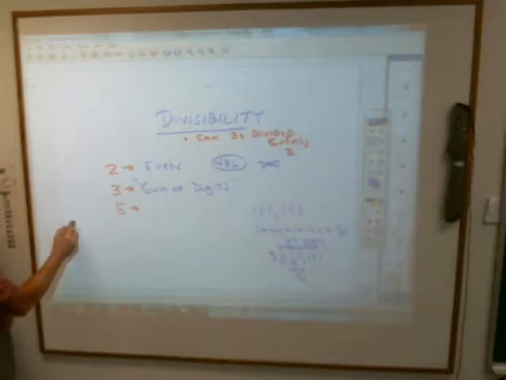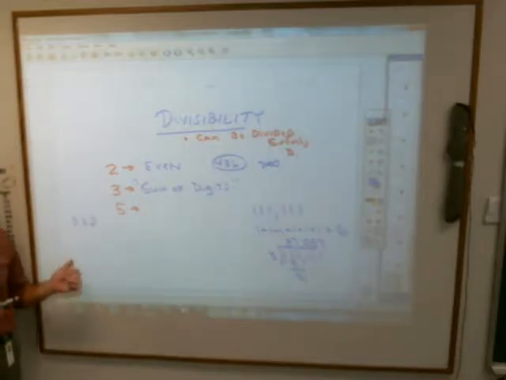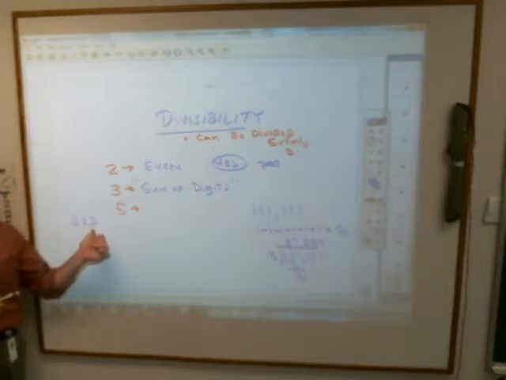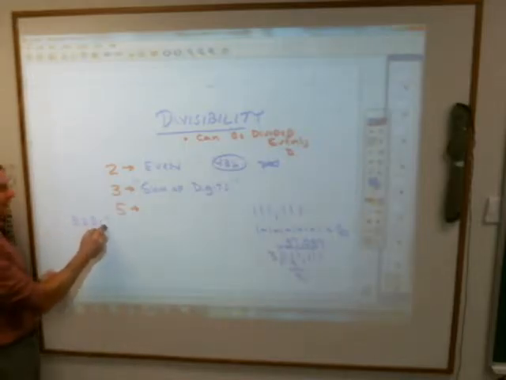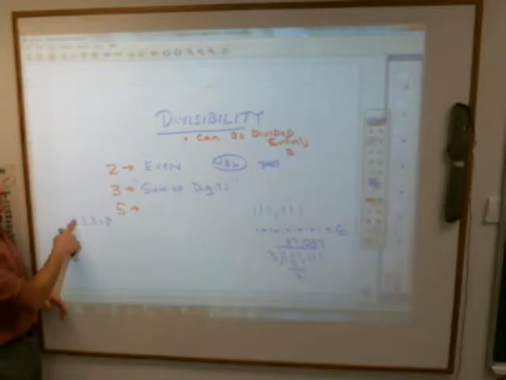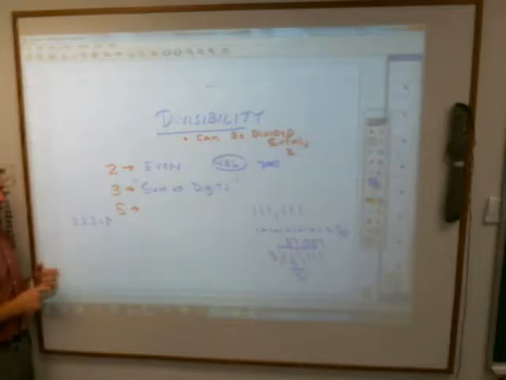Does 3 go into 323? Add the digits together, 3 plus 2 plus 3, which is 8. Does 3 go into 8? No. So 3 does not go into 323. Does that mean 323 is prime? Could be.